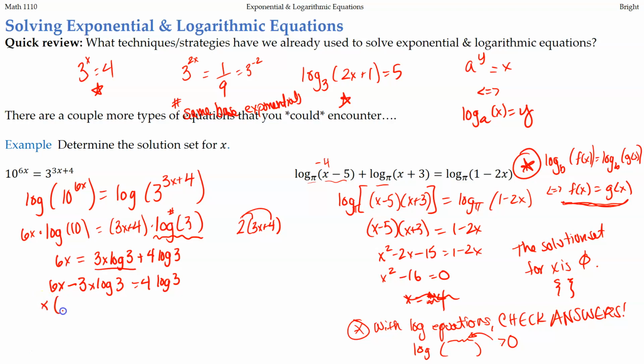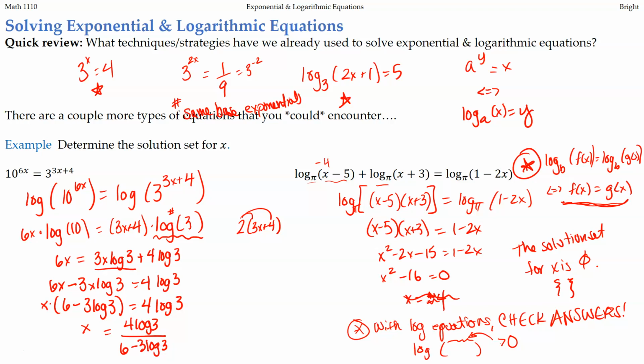So I'm going to factor that x out. x times (6 minus 3 log 3) is equal to 4 log 3. And then lastly, to isolate x, I would divide by this other junk so that x is isolated. So my final answer is going to be x equals 4 log 3 all over 6 minus 3 log 3. And that would be the solution.